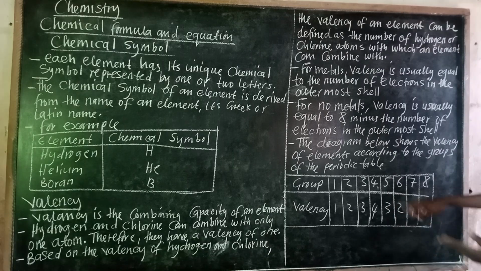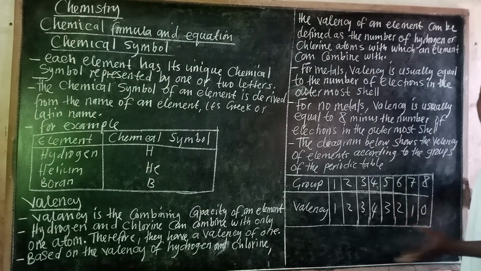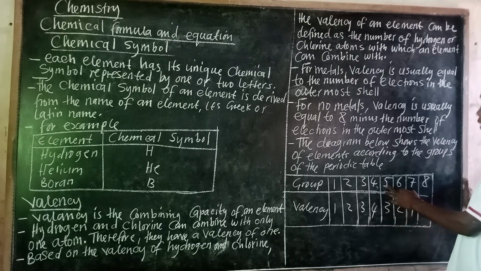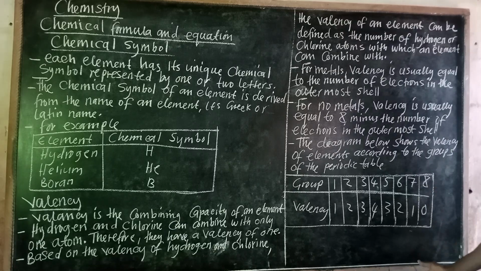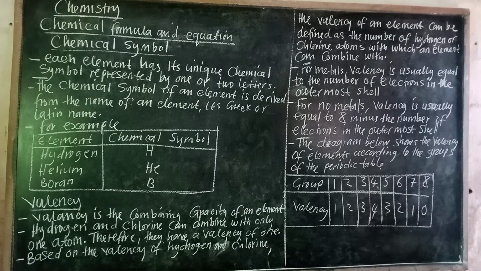Now it changes, because these are nonmetals. Group 5 has a valence of 3, because you subtract 5 from 8, which is 3. Then group 6 has 2, group 7 has 1, and group 8 has 0, because 8 minus 8 is 0. So this is how we find valence.